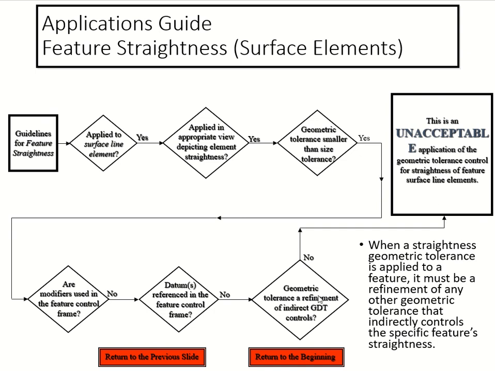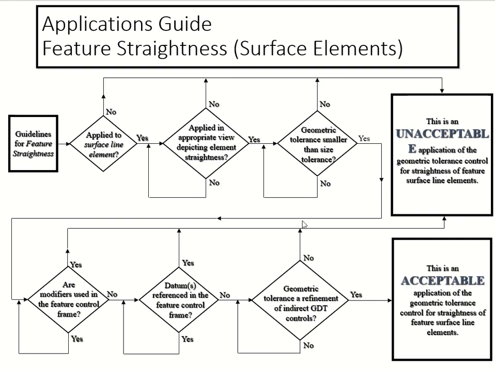Because if you apply the geometric tolerance, it's got to be a refinement of any other geometric tolerance that indirectly controls your straightness. So combined, no, and you go here. Modifier, the datum, if it's yes, unacceptable; no, go straight to acceptable, because you don't really need this anyway, because we're dealing with the geometric tolerance and size limits for the straightness.